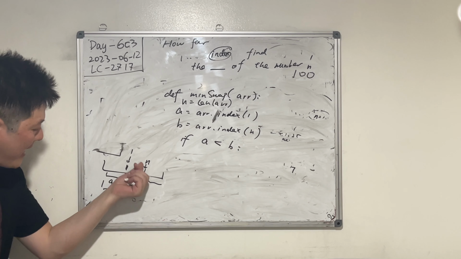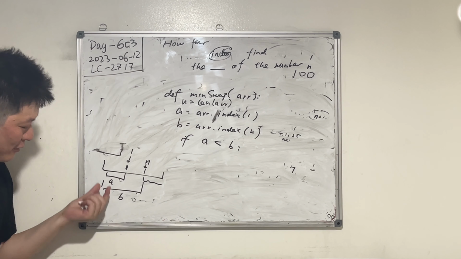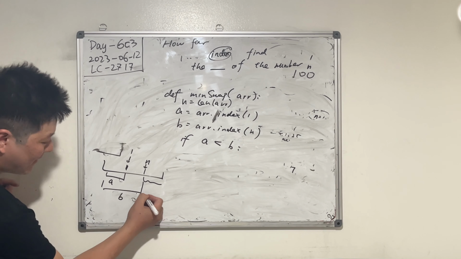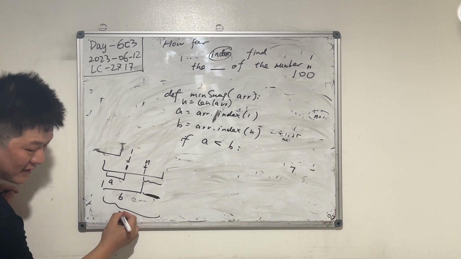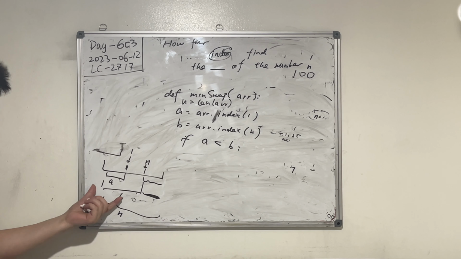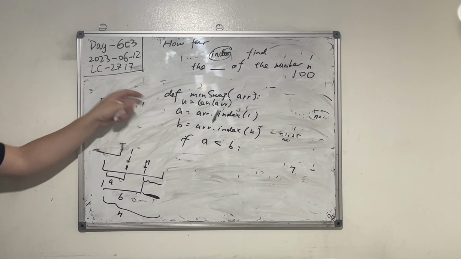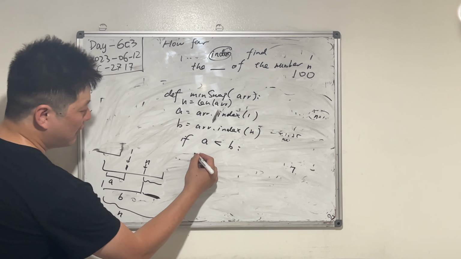The index of n is B, the index of 1 is A. So what's the answer? We want to find out this bit, right? Overall, this is n, so n minus B. Yeah, but the index starts from 0.